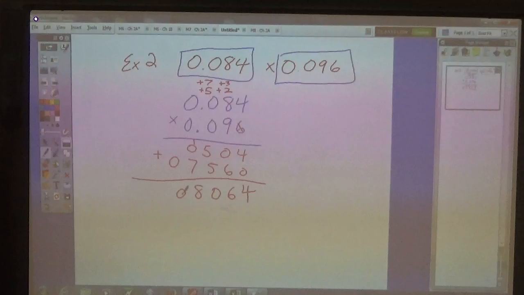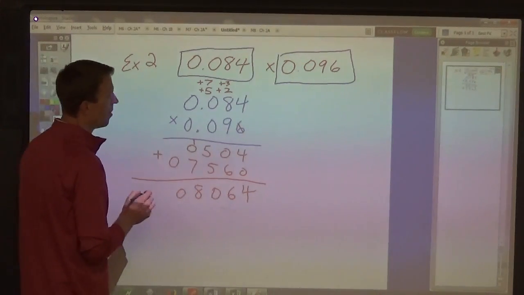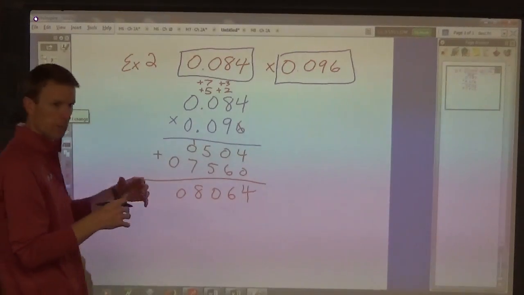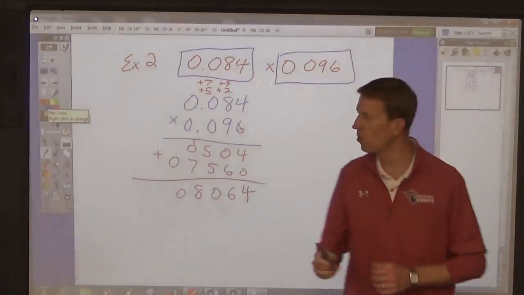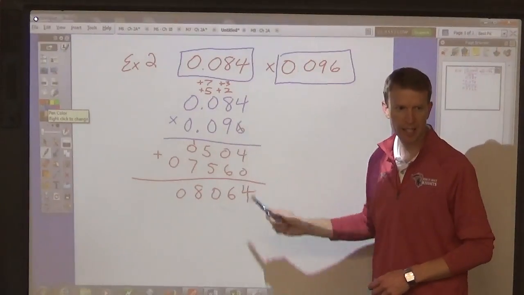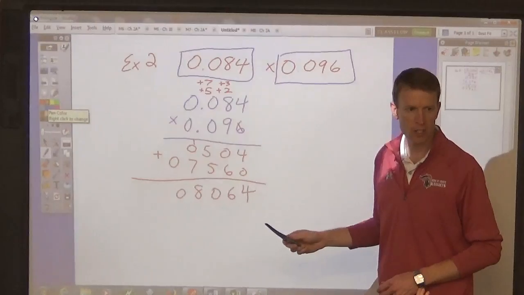Okay. Now, what's step 3? Somebody read step 3 in our procedure. Megan? Count the number of places behind the decimal point. Yep. And that refers to going back to the problem and counting the number of places behind the decimal point in each number.